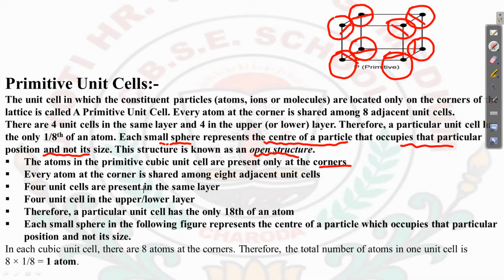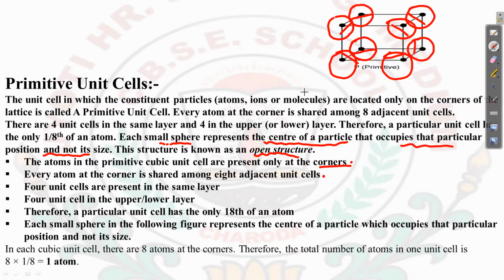In the first characteristic, all the particles in a primitive cubic unit cell will be present only at the corners. Next, every atom at the corner is shared among 8 adjacent unit cells.